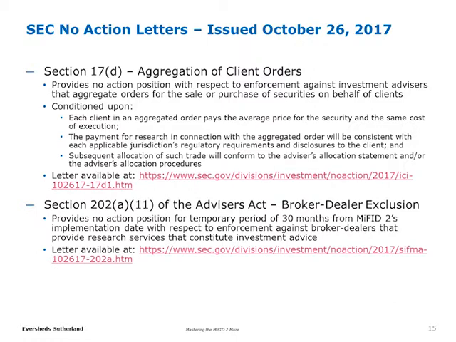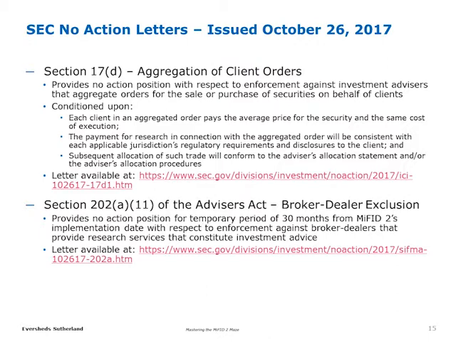As you all know, it is permissible here in the United States for investment advisors to aggregate orders from registered investment companies, employee benefit plans, individuals. They can put together very large orders on the theory that a large order can generally be executed at a lower price than many smaller orders.